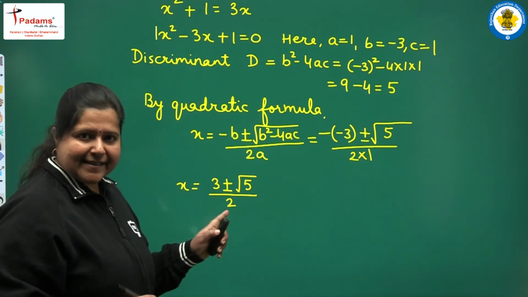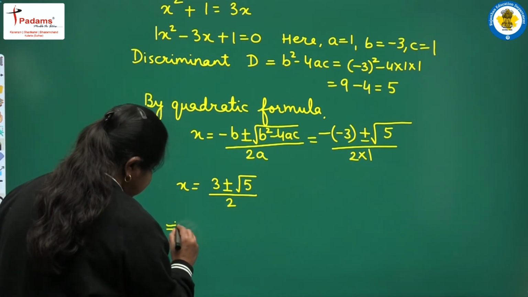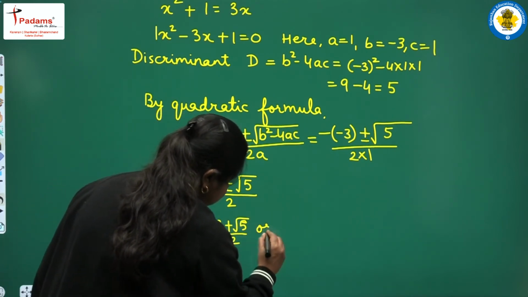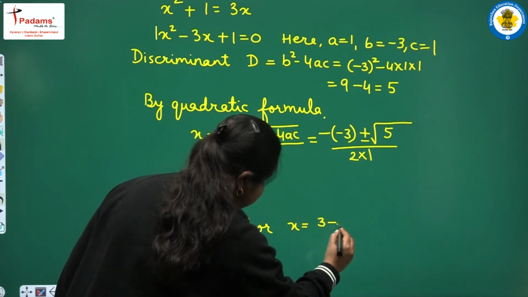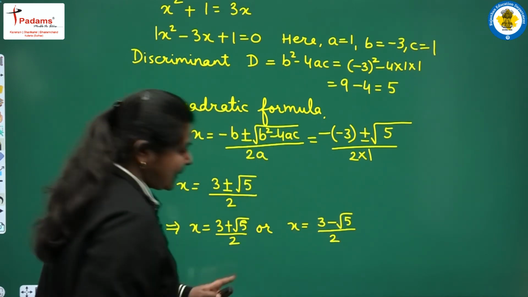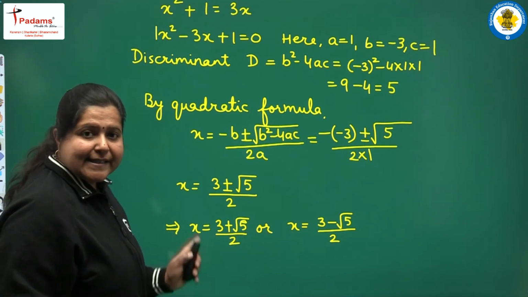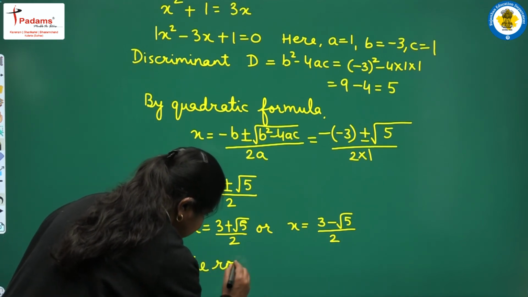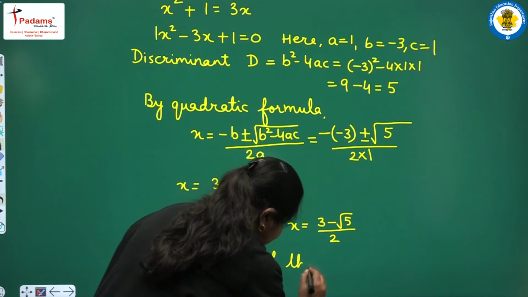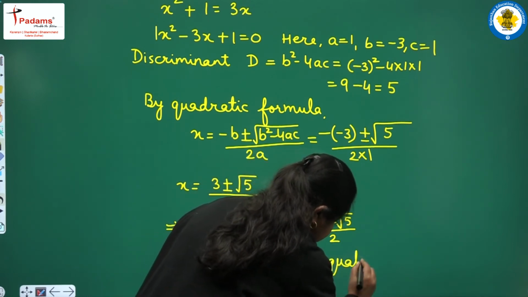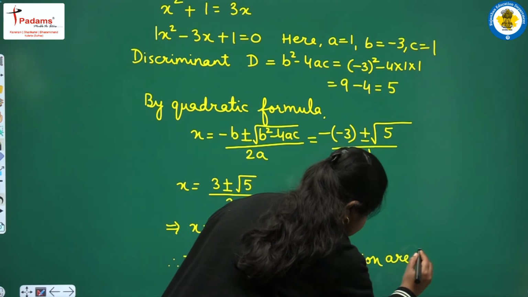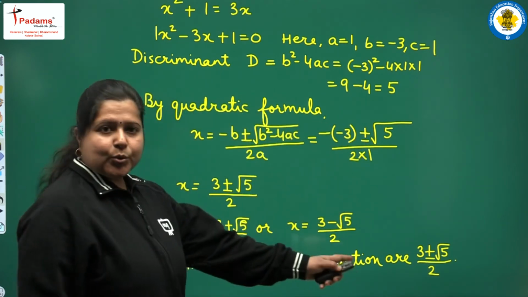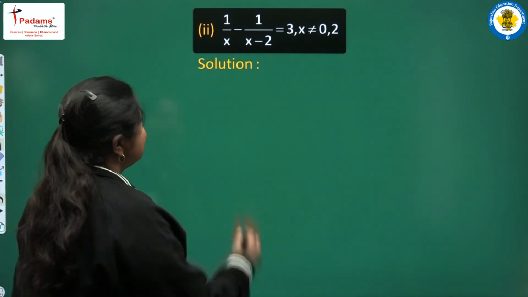Now root 5 will remain as it is and now this will give us x equal to 3 plus root 5 upon 2 or x equal to 3 minus root 5 upon 2. तो ये हो गए दो वैल्यूज x की और इस इक्वेशन के दो रूट्स। Therefore the roots of the equation are 3 plus minus root 5 upon 2. दोनों रूट्स एक साथ लिख दिए, ठीक है.